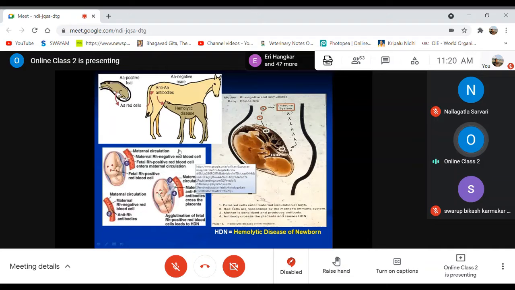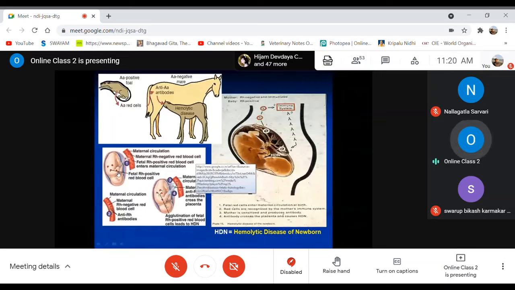In that case, the fetus receives Rh positive from the father, whereas the mother does not have the Rh factor, and the mother is carrying this baby inside her womb.